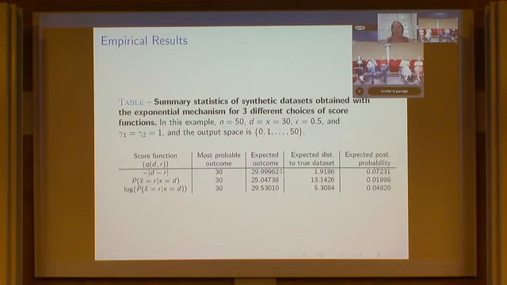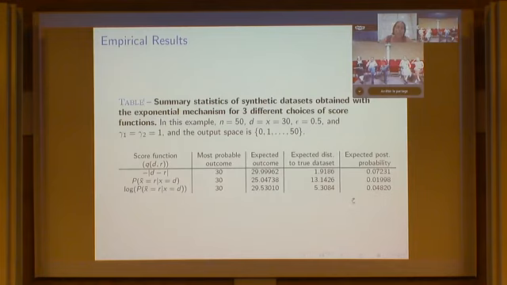Of course, I'm not going to output something that's not an integer, because my output space is 0 to 50. But this gives us an idea of whether it's an unbiased output in a sense.